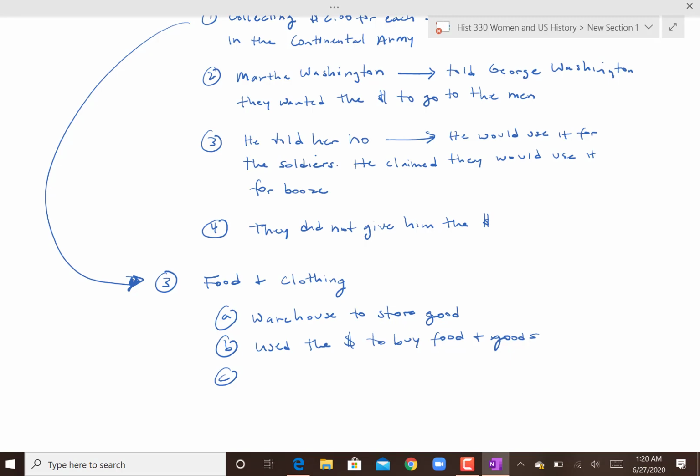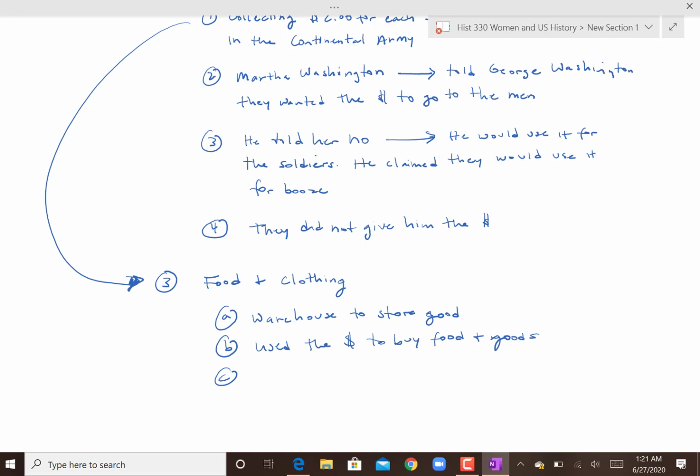The problem is that at the beginning of the Revolutionary War, the Continental Army wasn't doing so hot. And so most merchants wouldn't accept it because they're like, we're just never going to get this. We're never going to see this money. This is a piece of paper that is going to be worthless because you guys aren't going to win, basically.